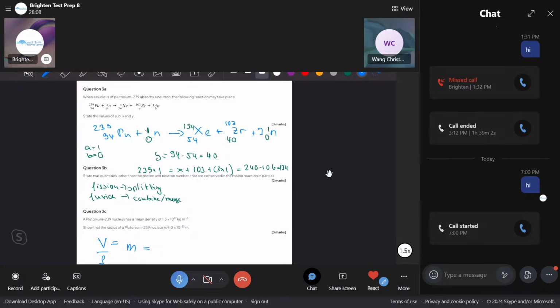Volume is density divided by mass. Is that correct here what I wrote, or is it not yet correct? No, wait, it's mass divided by density. Exactly, okay, yep. So in other words, mass divided by density is volume.